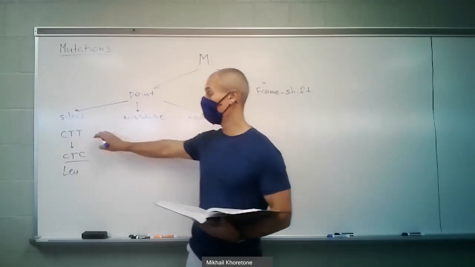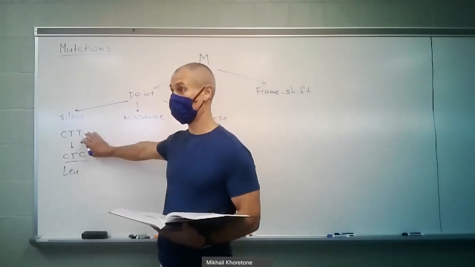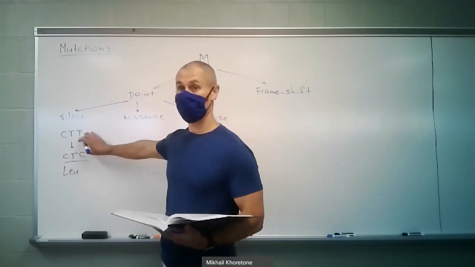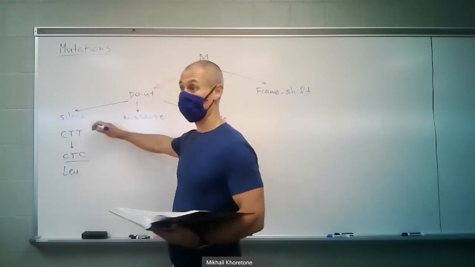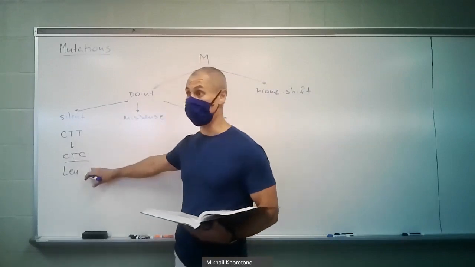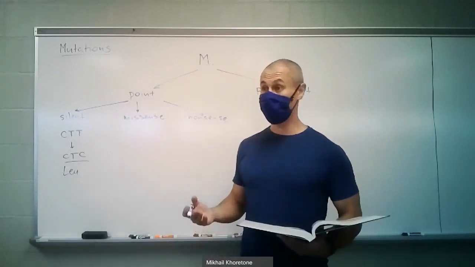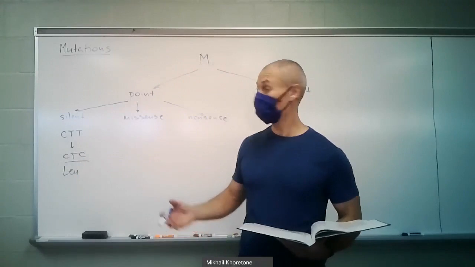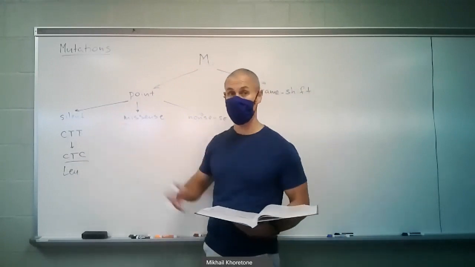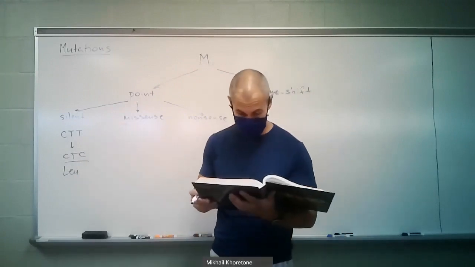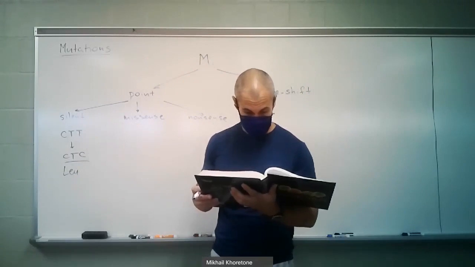So you see, is this a mutation? Yes, it is. Does it change the amino acid? No, it doesn't. So it's the same amino acid in the protein. The protein doesn't change. This is why it's called silent. We're good?